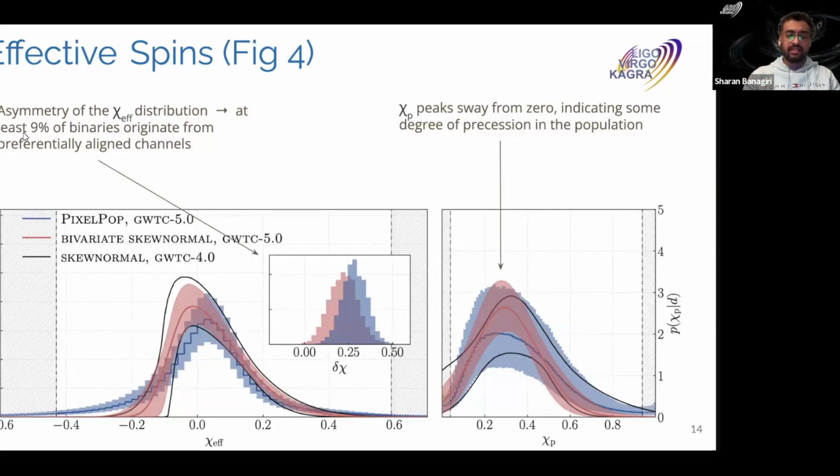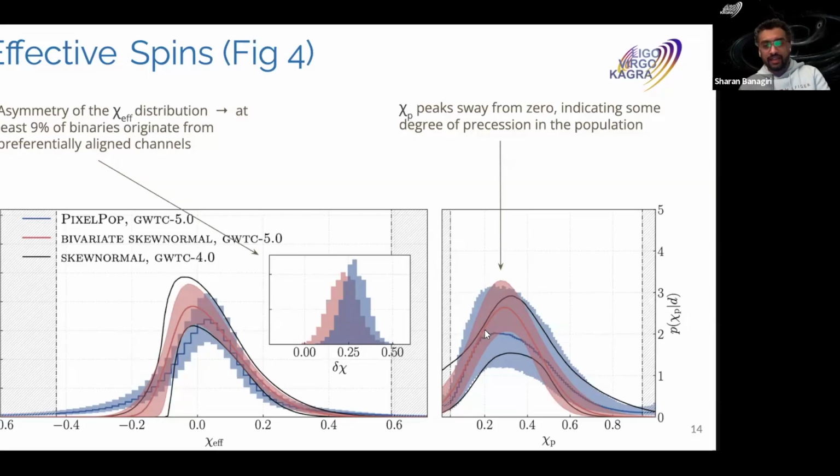And what we find is that, based on this asymmetry, at least 9% of binaries originate from formation channels which have some degree of preferential alignment of the black hole spin with the orbital angular momentum.